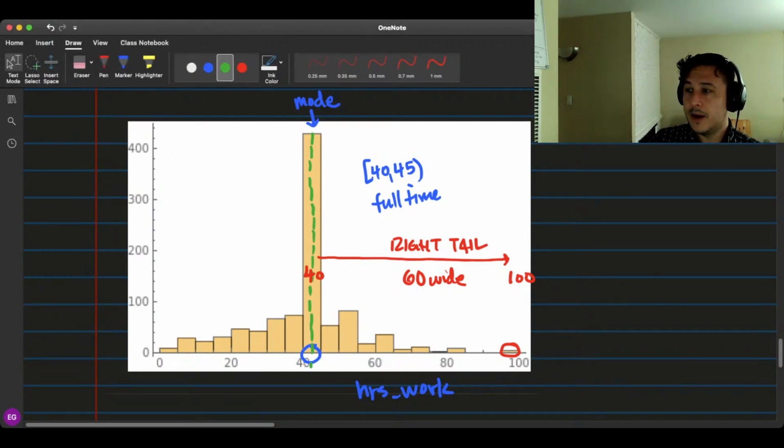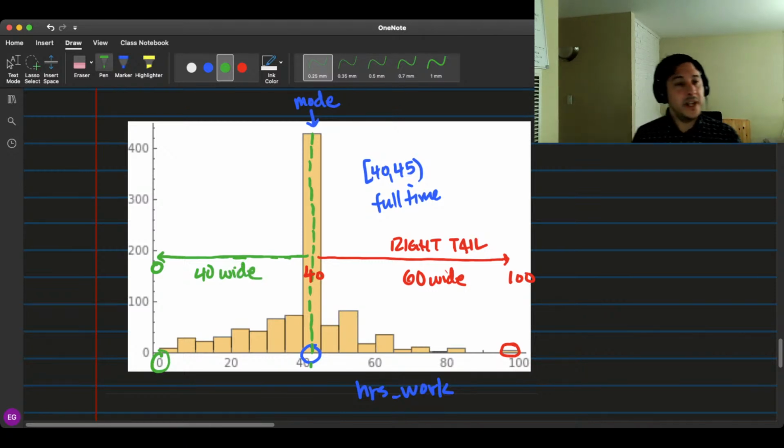Likewise, the left tail goes from 40 to 0, which makes it 40 wide. They're pretty close to being symmetric, or the same, but they're not.